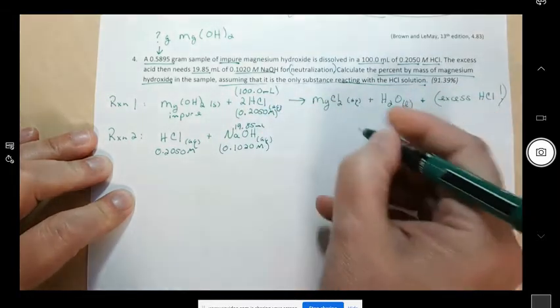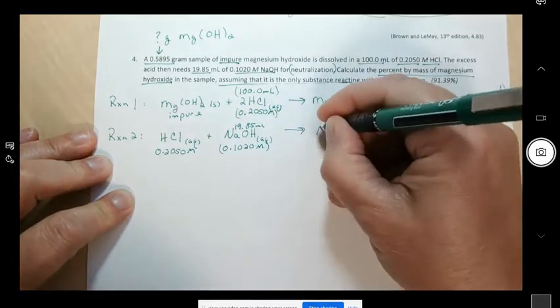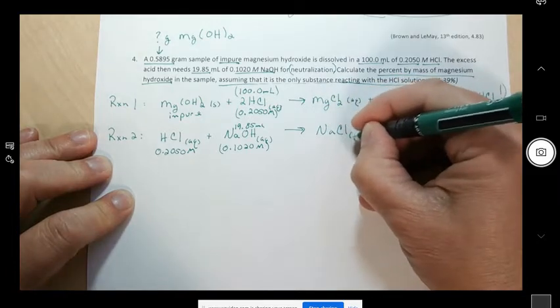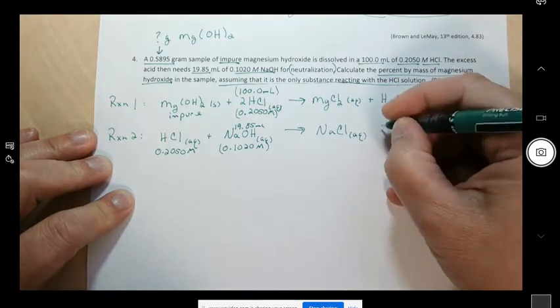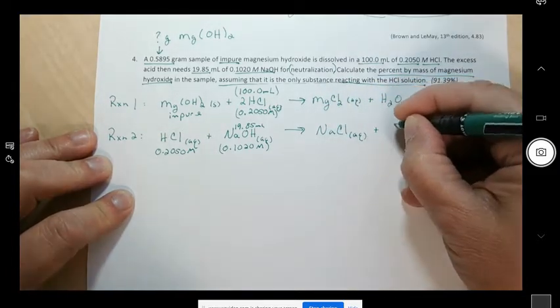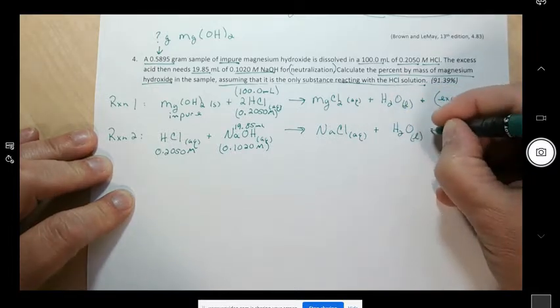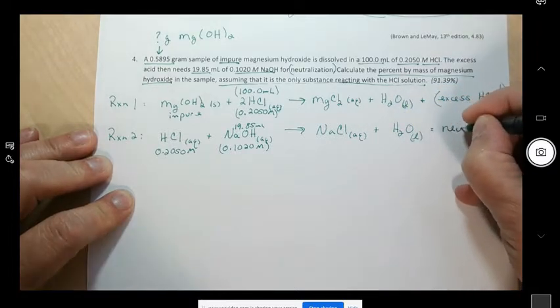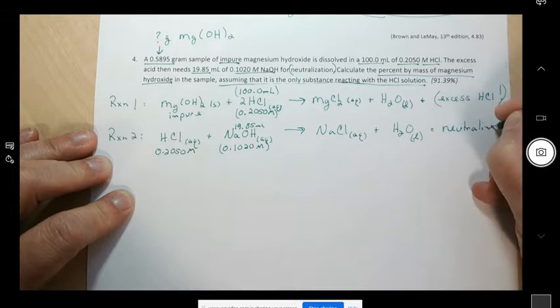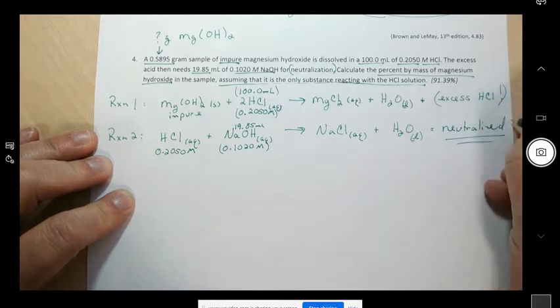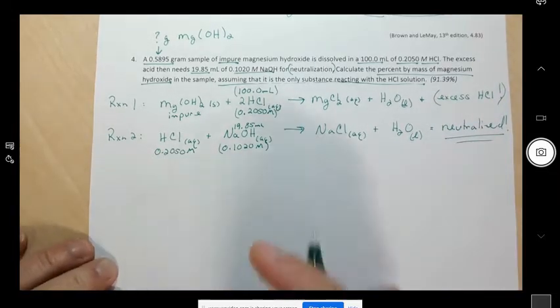All right. Now from here, we're going to produce some sodium chloride, NaCl, aqueous. This is a strong acid, strong base, and H2O. And at that point, we are neutralized, or it completely reacted. So here's the thing.